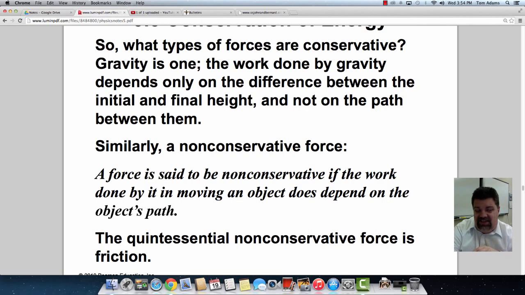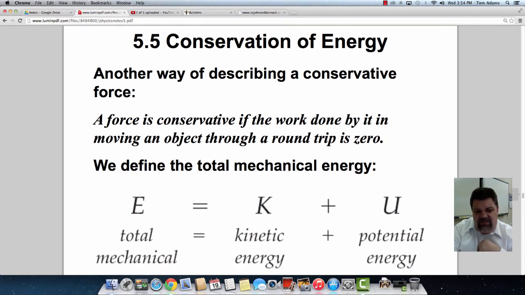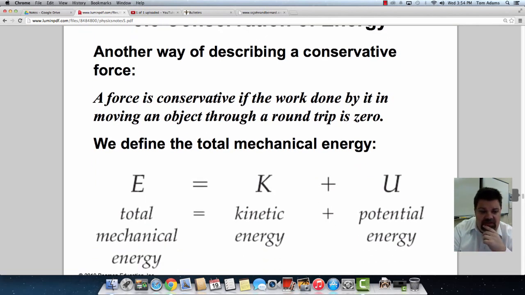So the conservation of energy of a system is basically the total mechanical energy, which is E, which should always equal the sum of the kinetic energy at that point in time and the potential energy at that point in time. And so a force is conservative if the work done on an object through a round trip is 0.